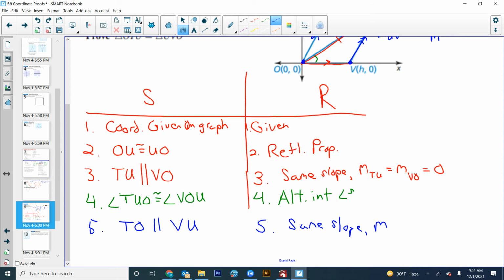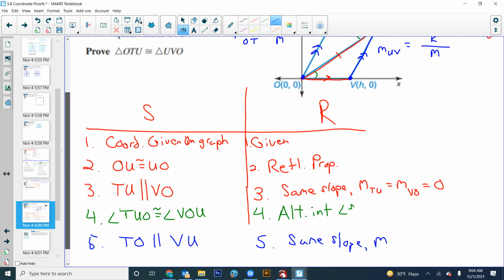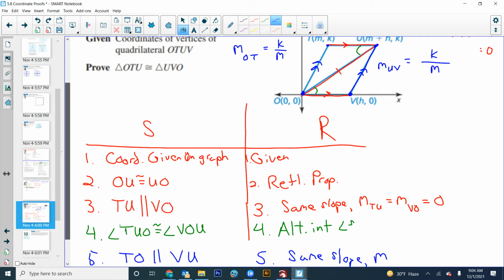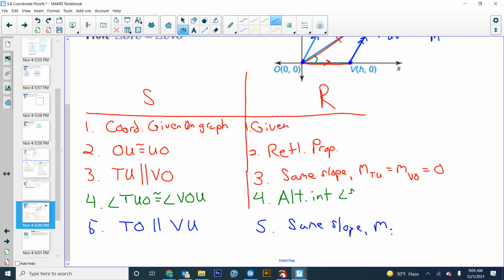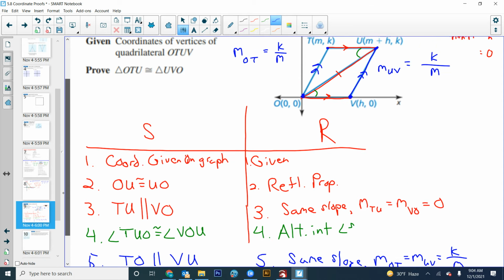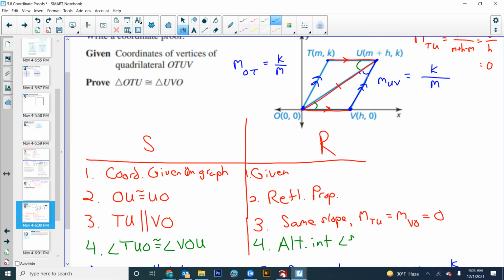And the slopes were K over M, OT, UV, K over M. Now that we've said they're parallel, we have a pair of alternate interior angles.